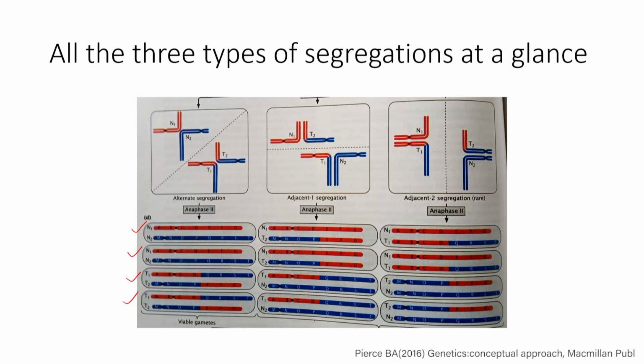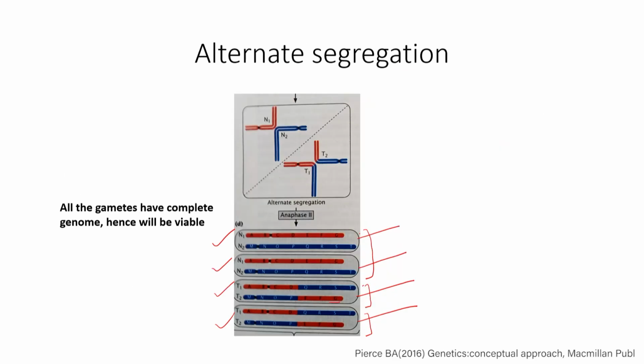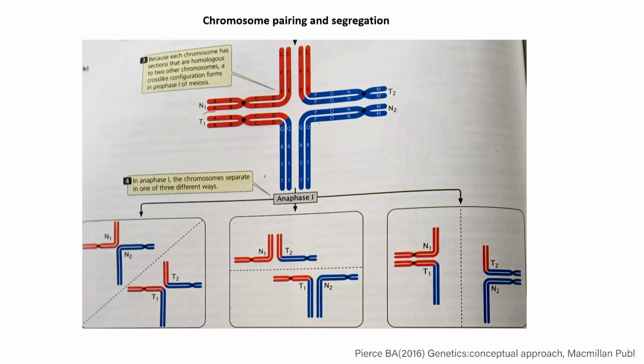Once again I go back a little to the one. Here we are not showing any crossing over. Let us say if a crossing over had happened here, no problem. This part would have gone with this. So no change would have happened.